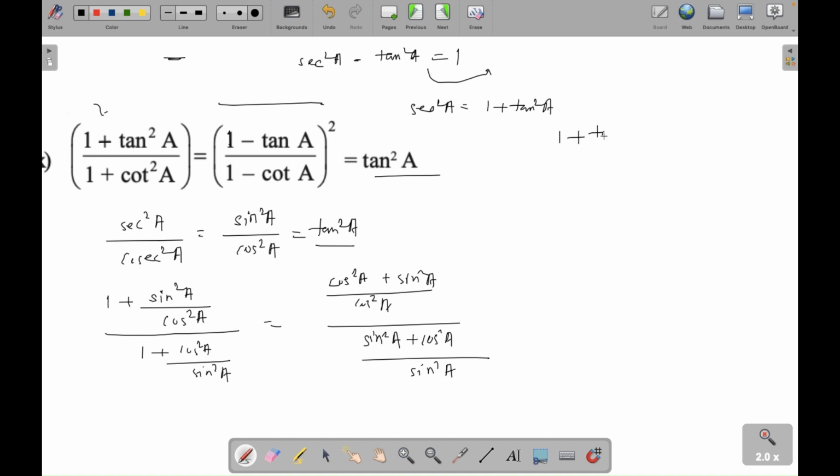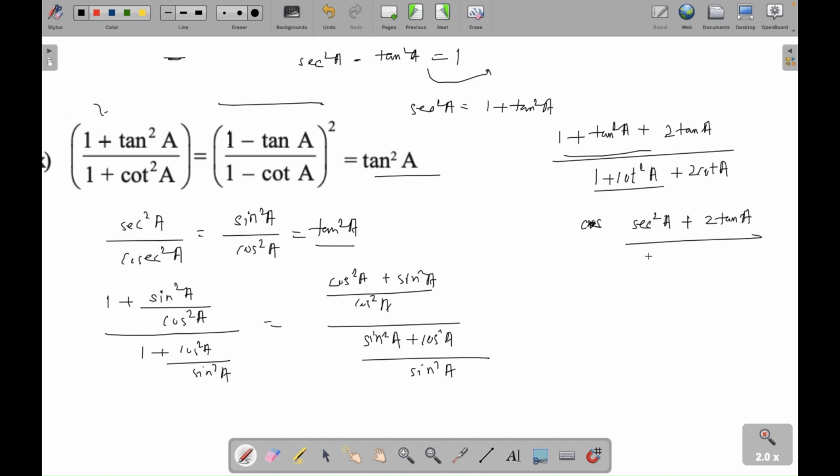So 1 plus cot square A gives us cosec square A, and 1 plus tan square A gives us sec square A. So this gives us sec square A plus 2 tan A upon cosec square A plus 2 cot A.